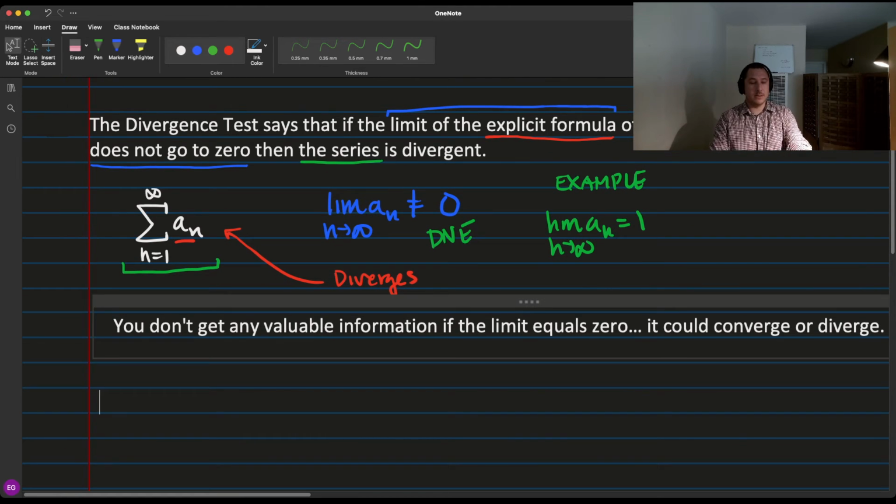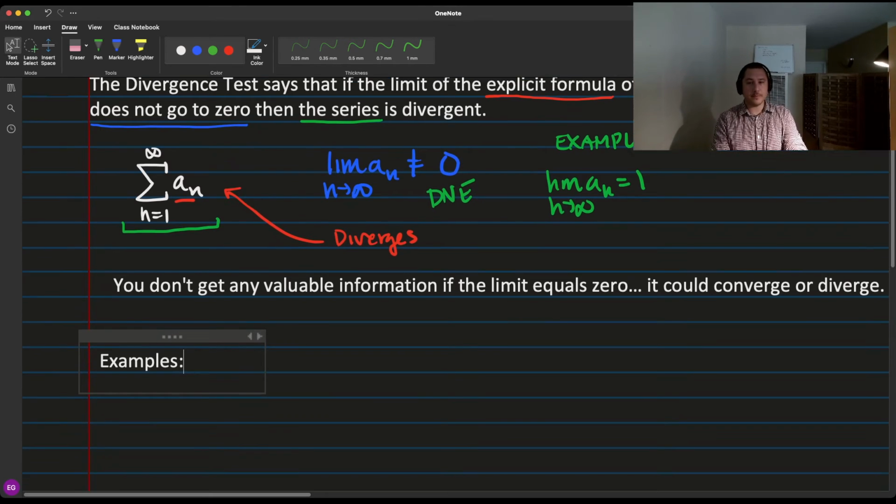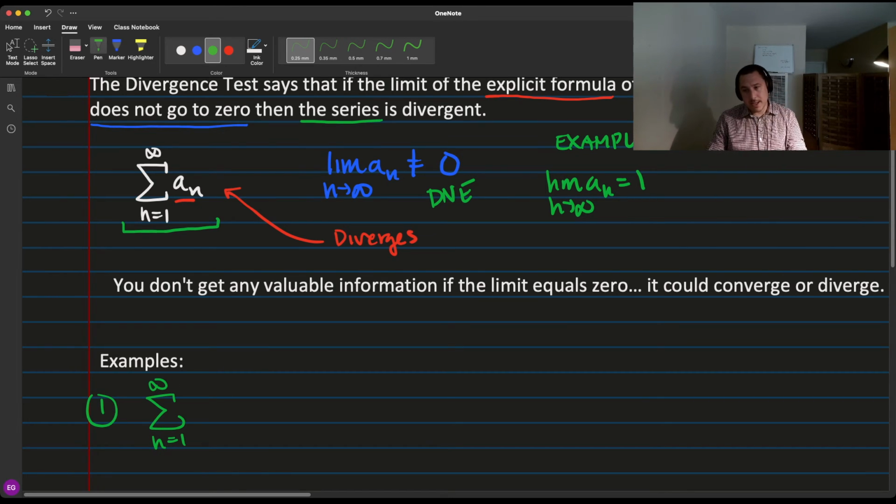Okay, so some examples. One. Let's say your sum, n equals 1 to infinity, of n over 3n minus 1. So you're like, okay, cool. The divergence test says I should take the limit of this thing.